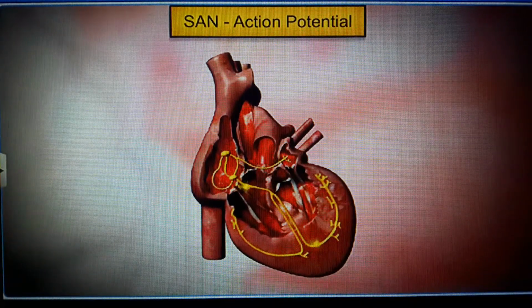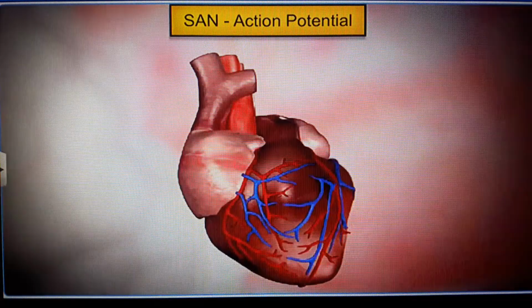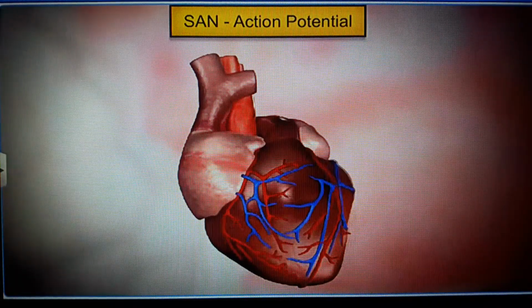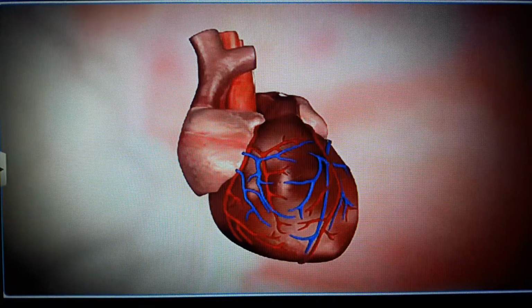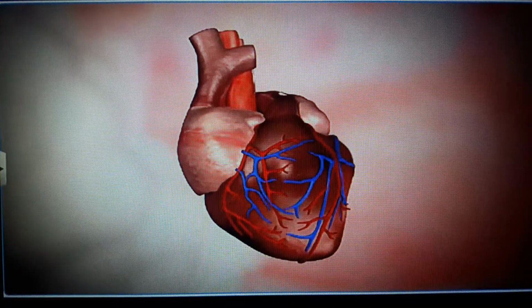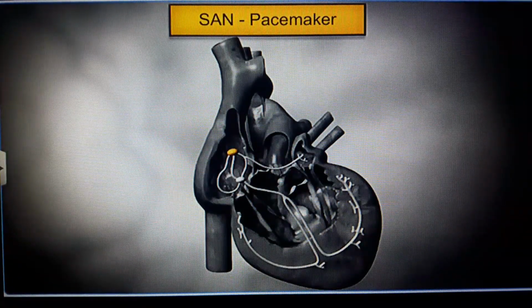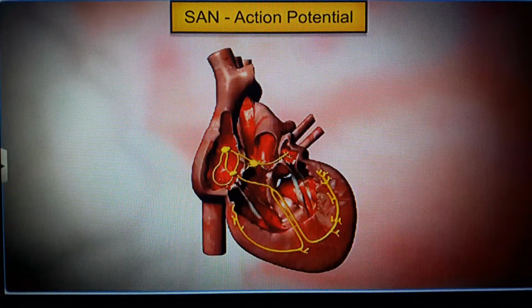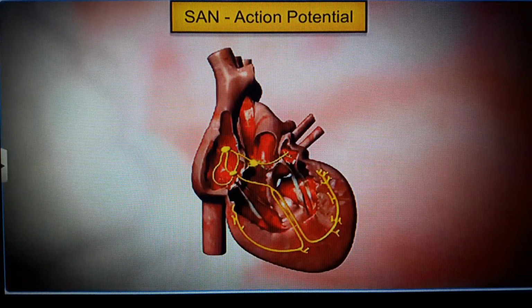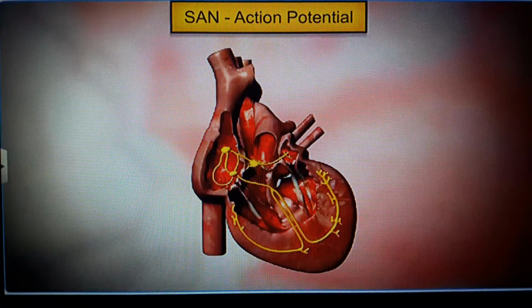How does the SAN or sinoatrial node action potential generate? Look, just pumping of the heart. The first nodal tissue is the sinoatrial node because it generates action potential.